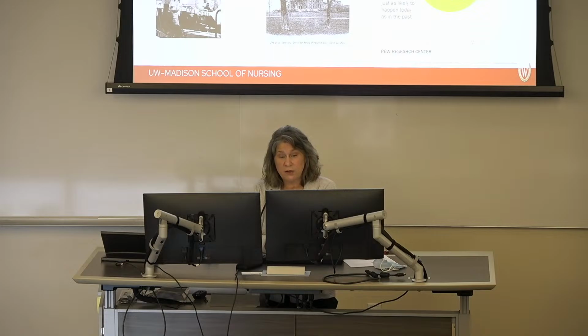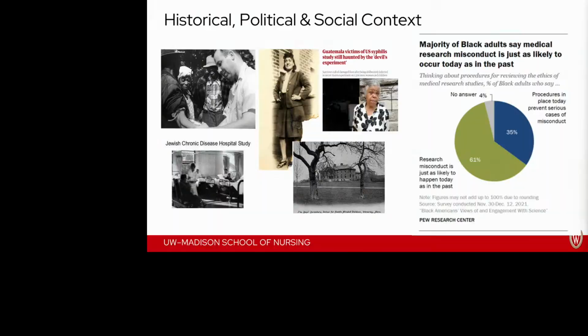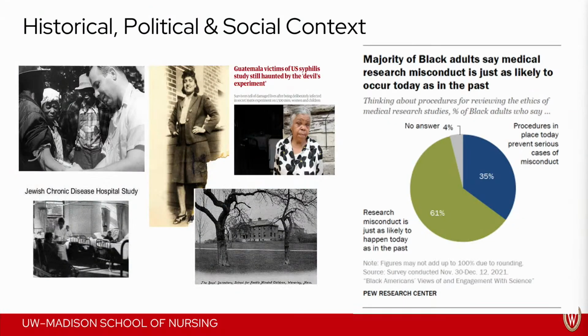I just wanted to include this chart, done by the Pew Research Center in 2021, where the majority of Black adults say medical research misconduct is just as likely to occur today as it was in the past. So this is not something that's gone away. This is something that's very present, and it impacts how we do our work.